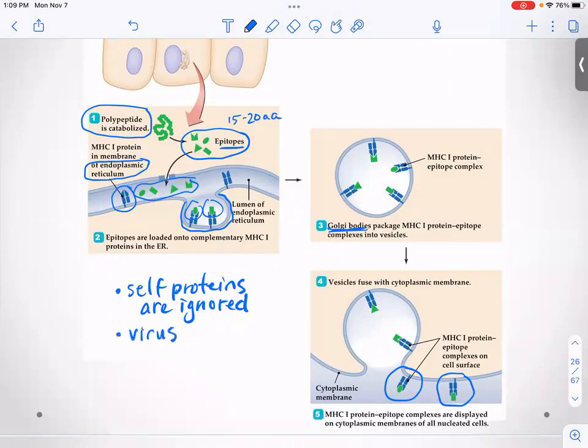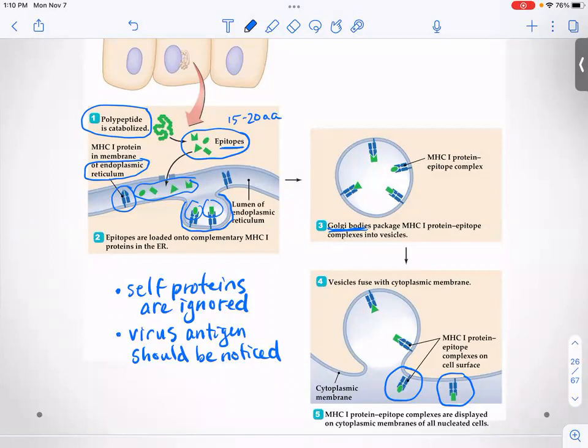If you have some kind of virus or other endogenous, intracellular pathogen, virus antigen should be noticed. Okay, so we'll talk about how those T cells get activated, maybe at the end of lecture today or next time.